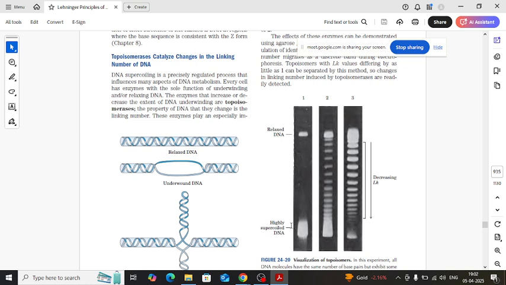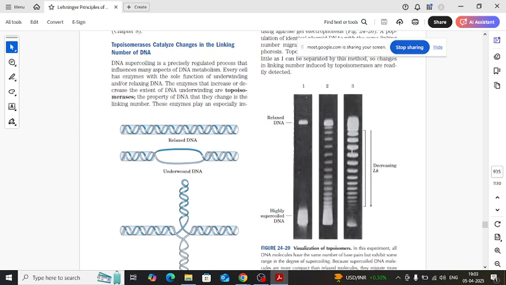Because of the high supercoiling, the supercoiled DNA can migrate faster than the relaxed DNA. It has a smaller hydrodynamic radius, so it can easily bypass the agarose pore size and migrate faster.